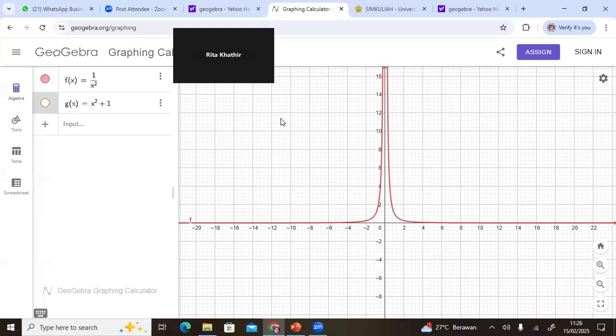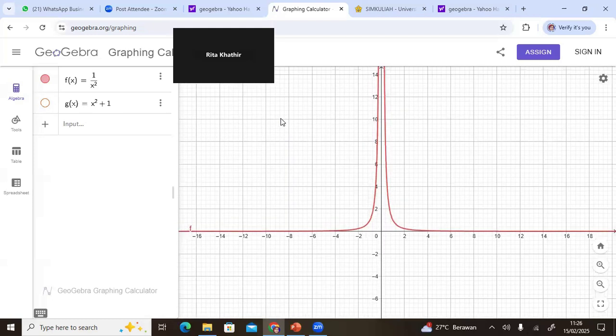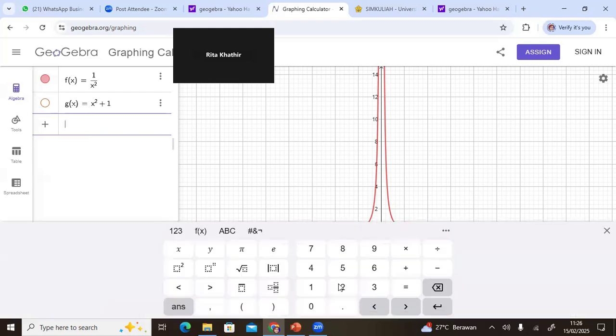Because when you put x as 0, then 1 over 0 cannot be defined. So we can say this chart has an asymptote at x equals 0. I can also draw x equals 0.